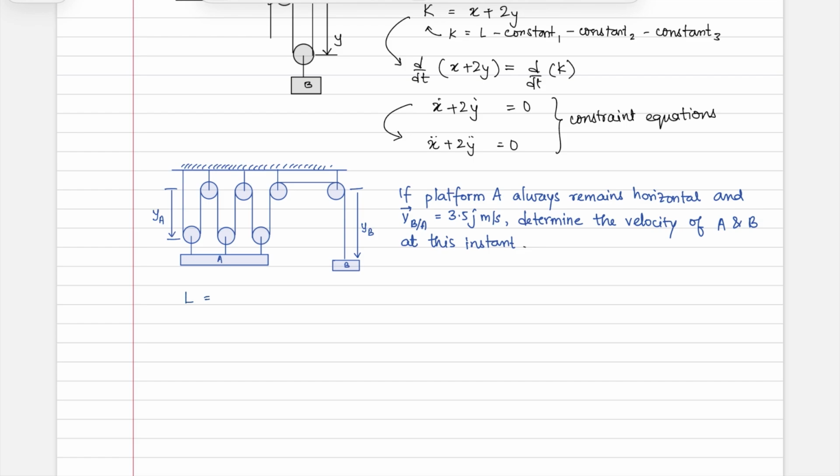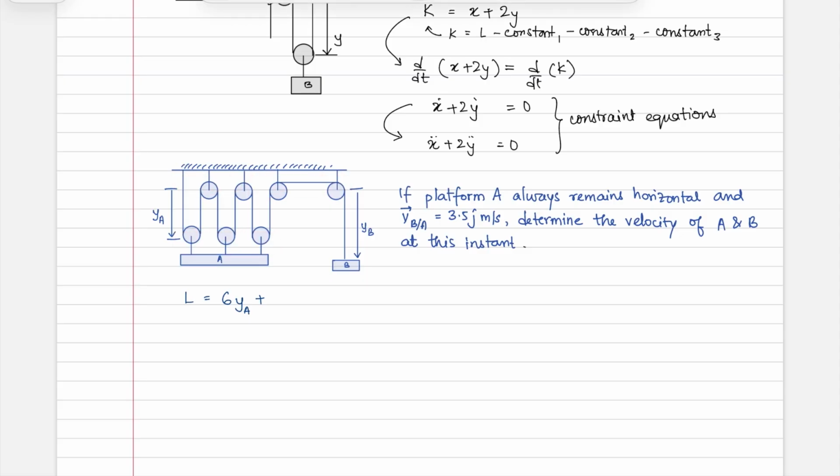Okay, so you're just carefully writing that down. Essentially, you have 1, 2, 3, 4, 5, 6 times YA plus constants.